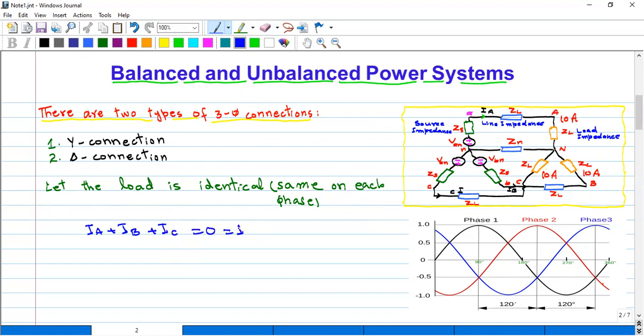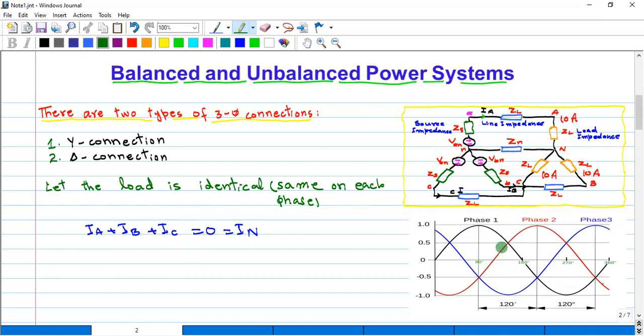This is also equal to the neutral current. So in case of the same load on each phase, the neutral current will be equal to 0.